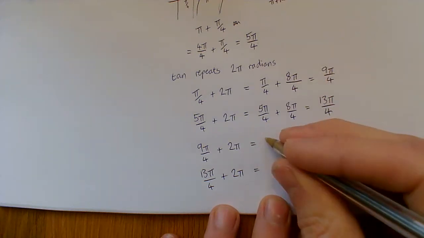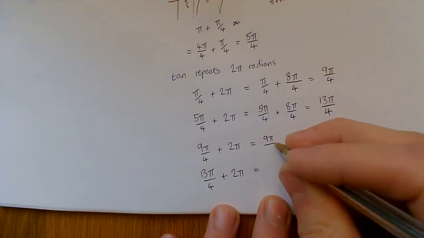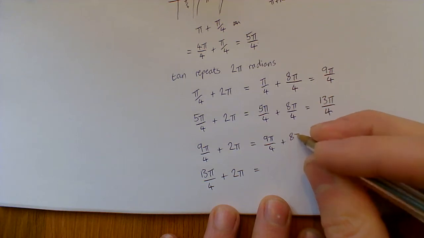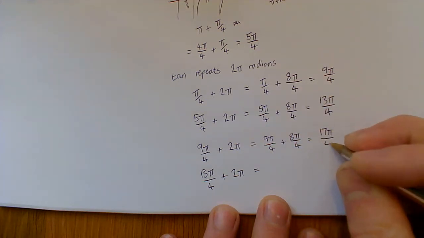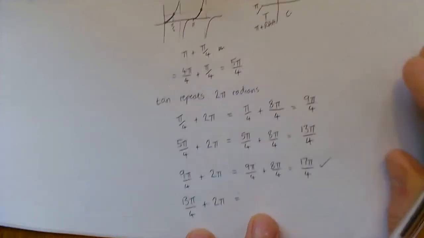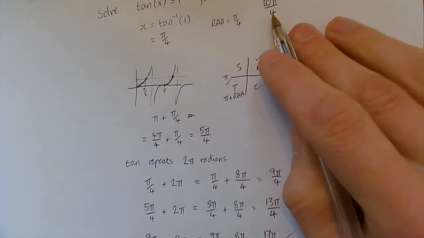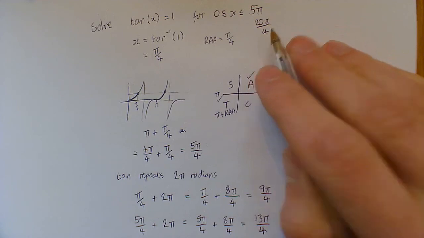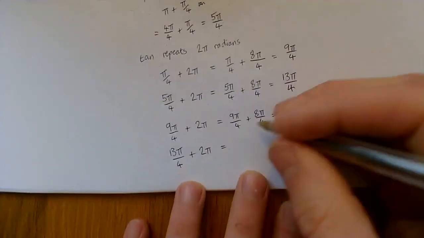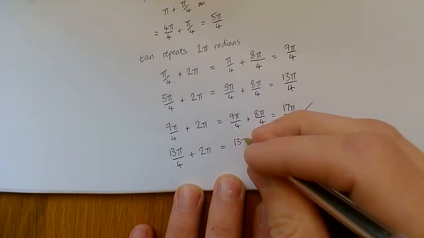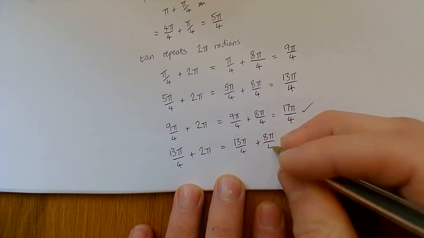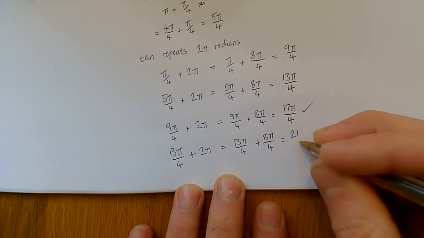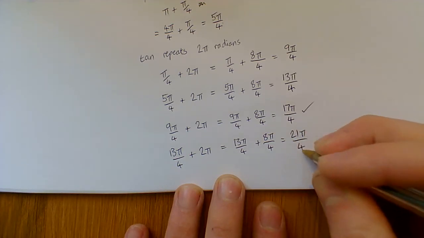So let's check that. 9 pi over 4 plus 8 pi over 4 is 17 pi over 4. Ah, that's still good. That's still less than 20 pi over 4. So we can include that one. 13 pi over 4 plus 8 pi over 4 is 21 pi over 4. That's now too big. That's out of our range.